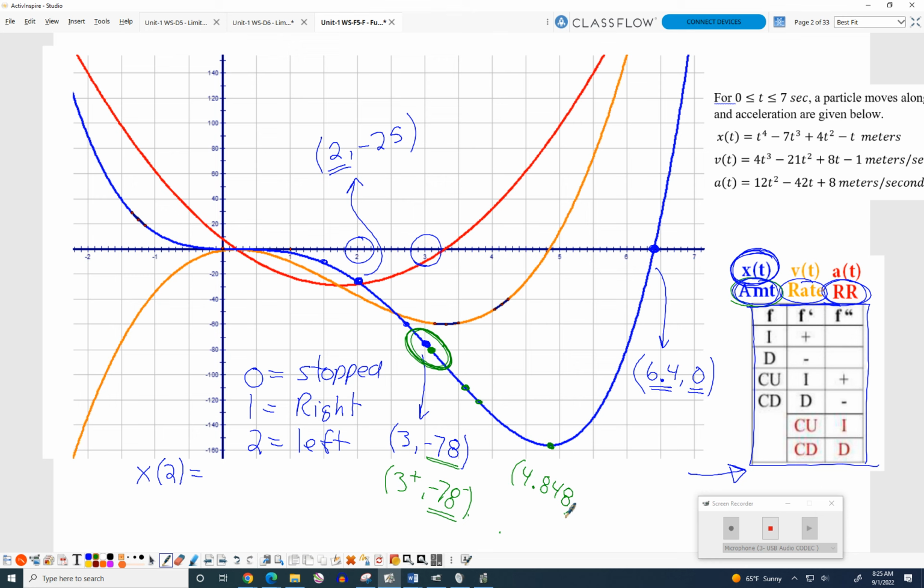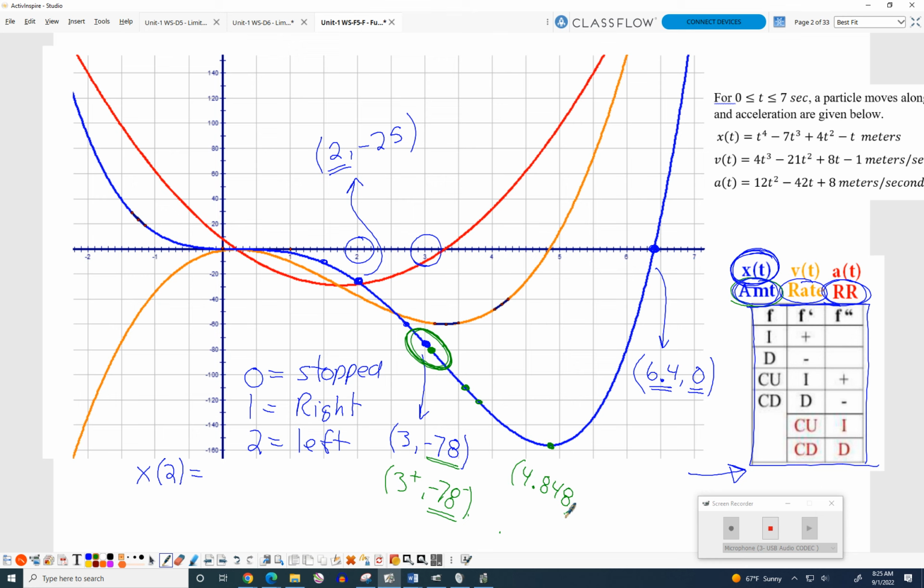Because I was moving left, still going left, still going left, when I get to 4.848, I have gone as far left as I can go. So I must stop for an instant. No time elapses. I'm just stopping for an instant. The very next instant, I'm here. Now I'm moving to the right.